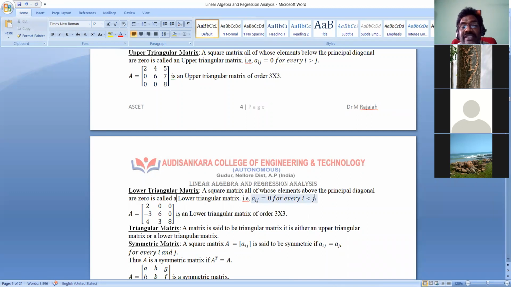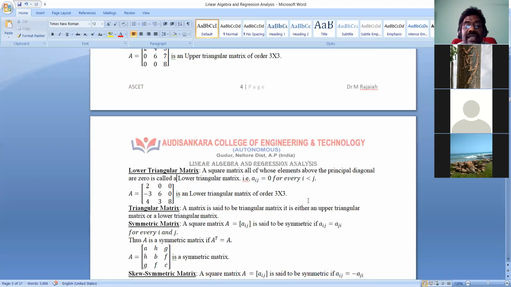Here the second subscript is greater than the first subscript, that is, the first subscript is less than the second, and all those entries are zeros. This is called a lower triangular matrix. For example, A equal to 2 0 0, minus 3 6 0, 4 3 0 8. This is called a lower triangular matrix.